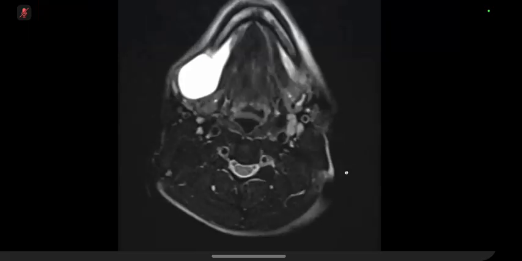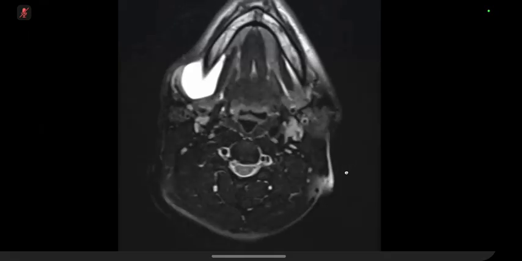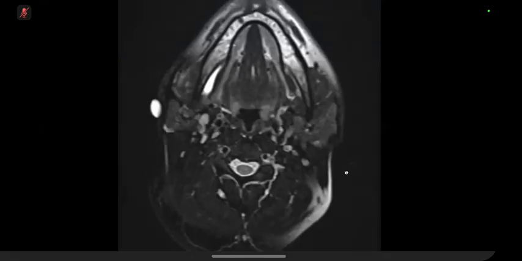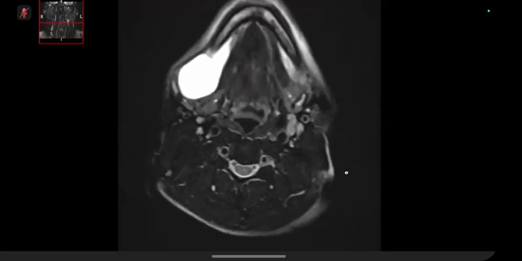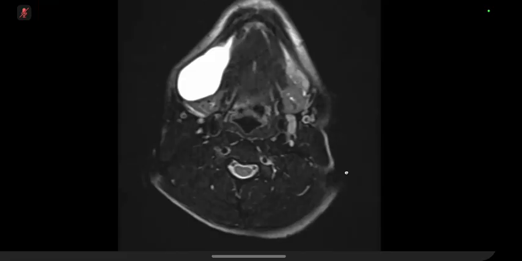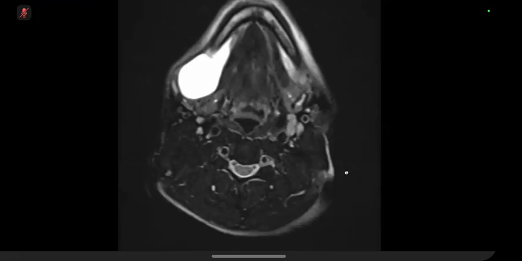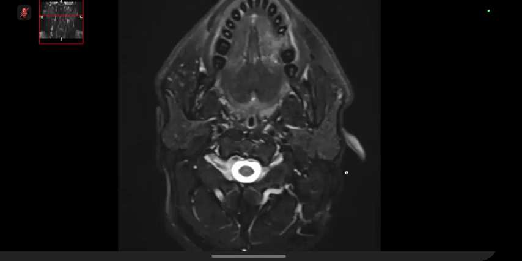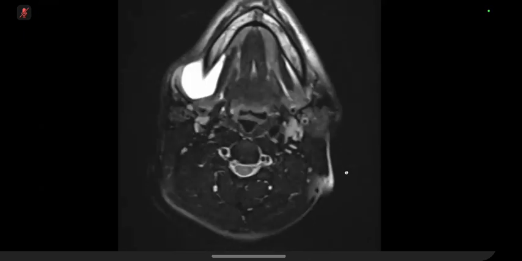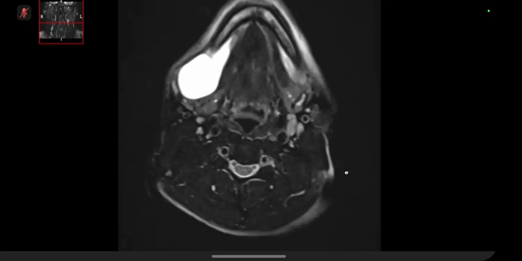Now I can see that at the distal end of the submandibular gland duct there is a calculus in the floor of the mouth. So this is basically a dilated submandibular duct with a cystocele or mucocele type condition of the submandibular gland duct.